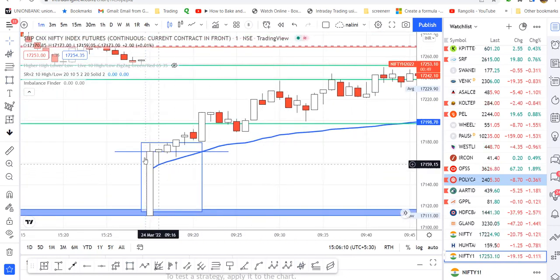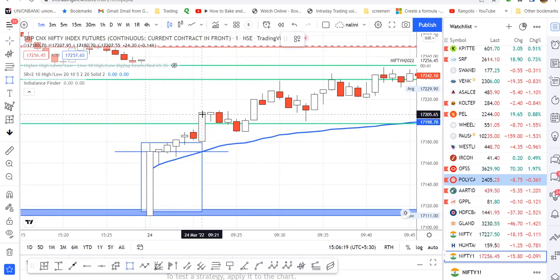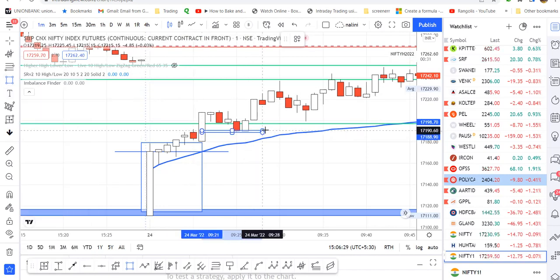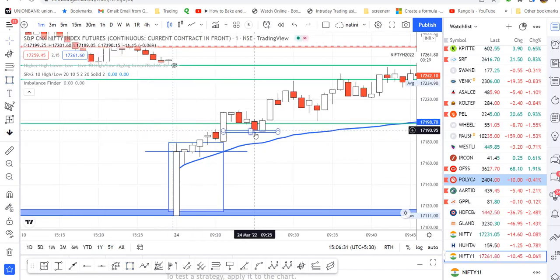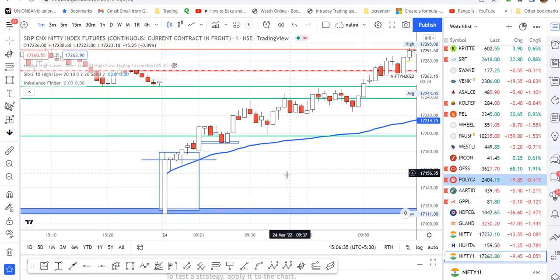So you have seen the break of structure and wait for the retest. This is also an imbalance candle. Imbalance candle means only buyer candle. So it will try to balance and price will come back to this area. So I waited for that level and I entered the trade.